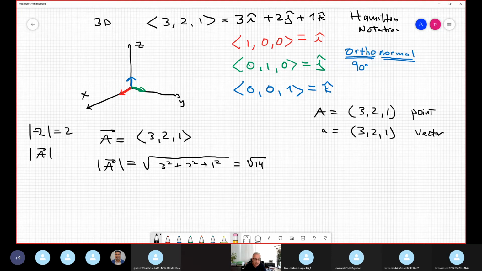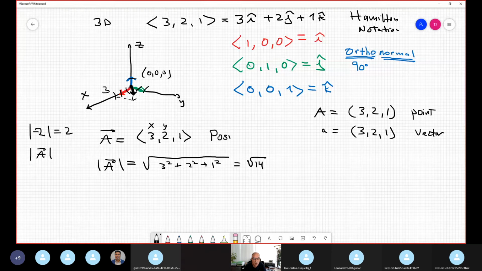Okay? This is the position vector. The position vector is, suppose, 3, 2, 1. 1, 2, 3 in the x direction, 1, 2 in the y direction, and 1 in the z direction. Here. So you're connecting the origin 0, 0, 0 and the specific point, and this is the position vector.